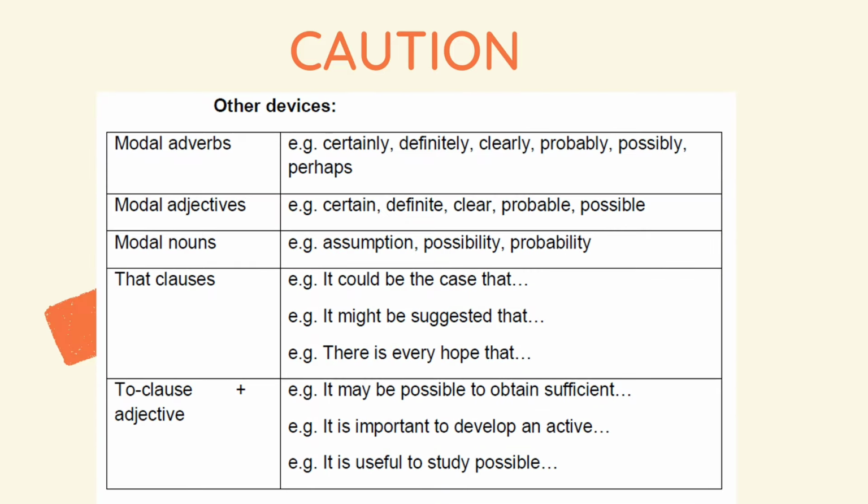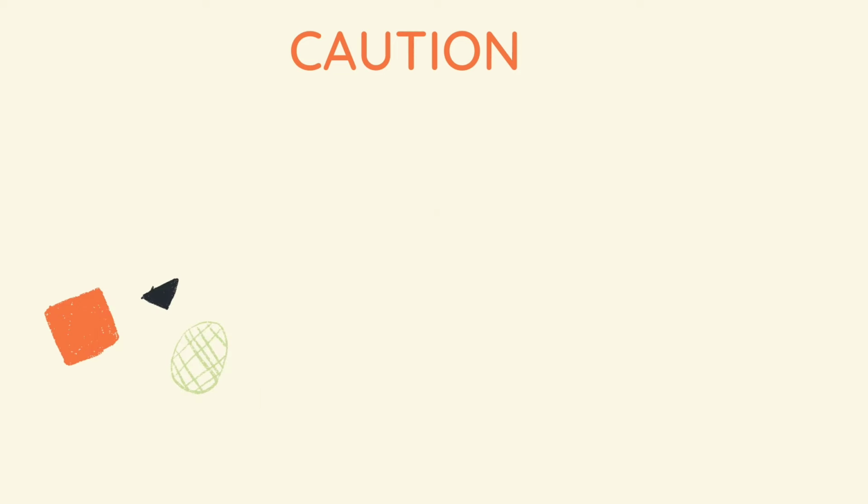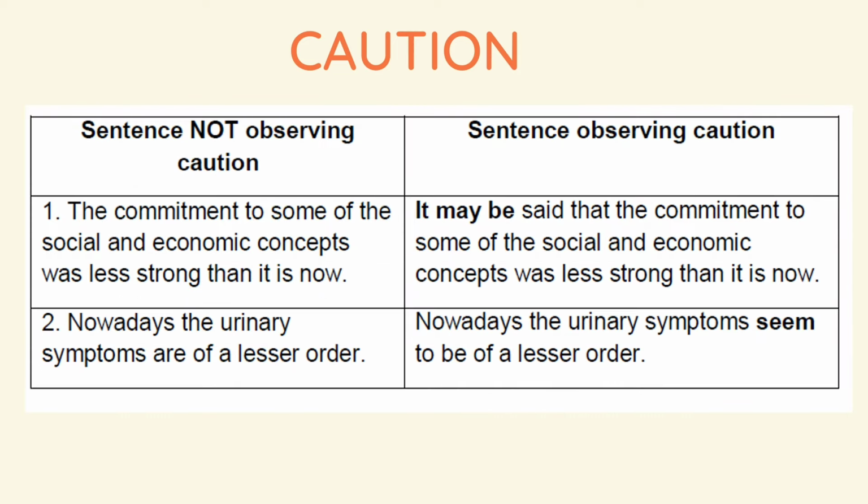Now, these are other devices that we may use. Lastly, let's study the table below. It presents sentences not observing caution and sentences observing caution. For example, the commitment to some of the social and economic concepts was less strong than it is now.